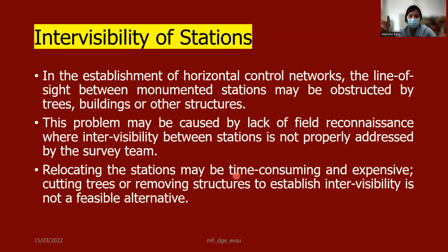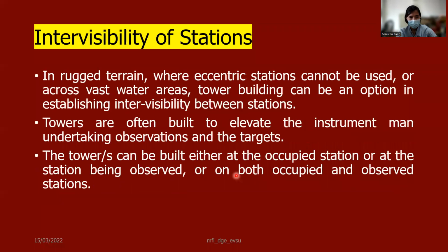One of the solutions is the intervisibility of stations, and how they are going to adapt this intervisibility of stations. We just employ the computation. I'm going to show you later.